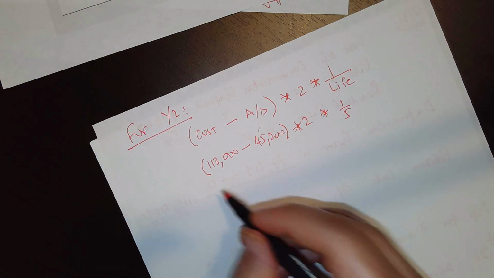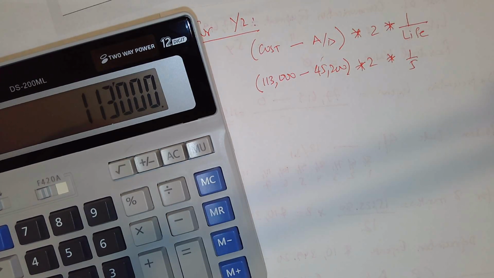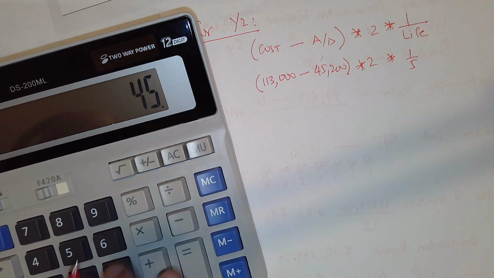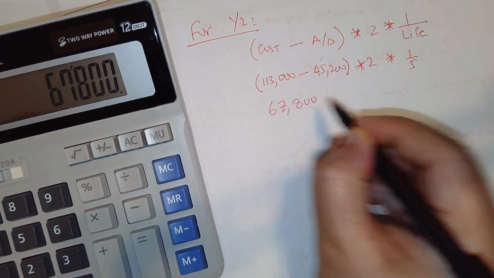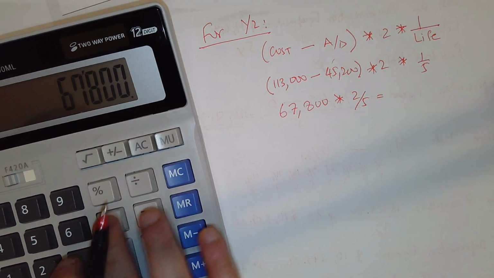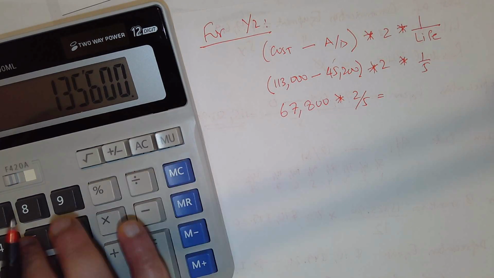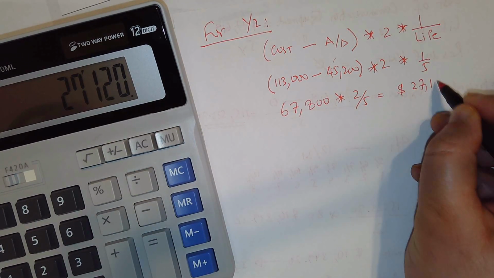So this will give us 113,000 minus 45,200, which is 67,800, multiplied by 2 over 5. So we multiply this by 2 and divide by 5. That's 27,120.